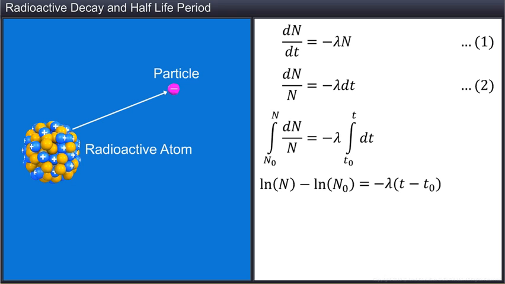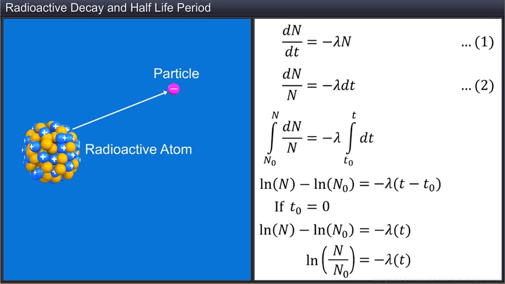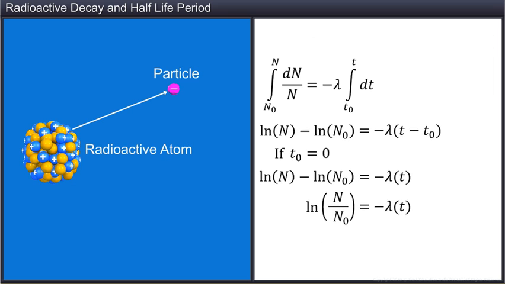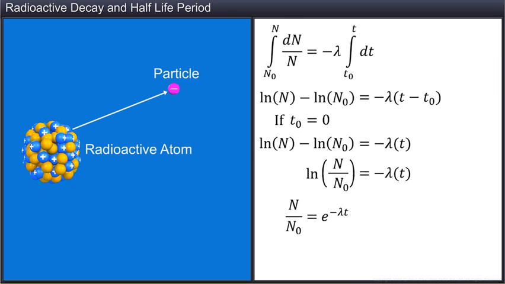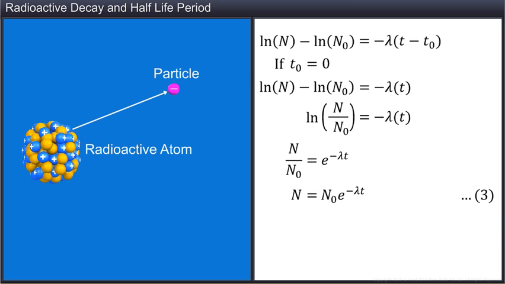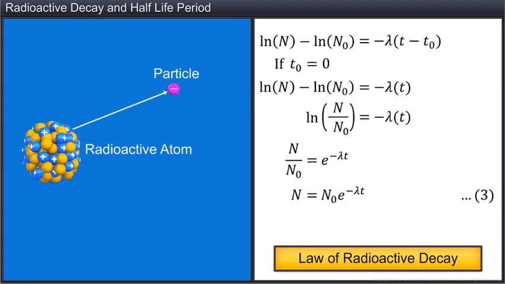If we take the initial time t naught as 0, we get log N by N naught to the base e is equal to minus lambda t. This can also be written as N is equal to N naught e to the power of minus lambda t. This equation is called the law of radioactive decay. Let this be equation 3.